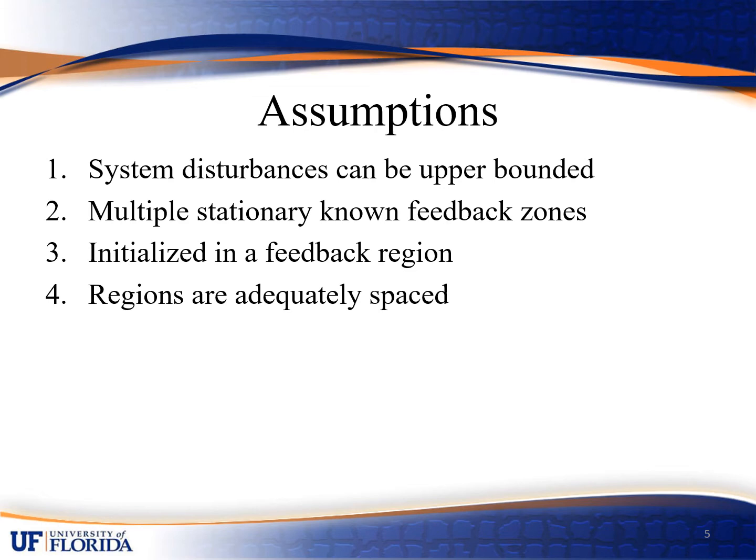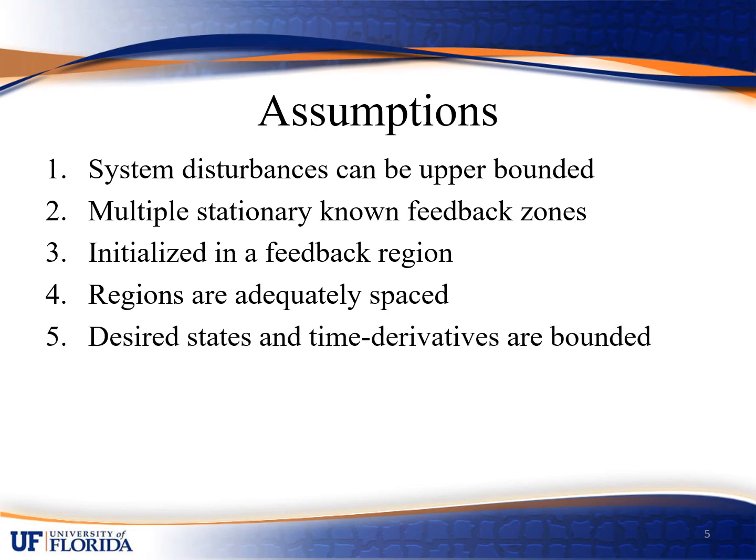Fourth, the feedback regions are adequately spaced so that a vehicle can move between the regions while satisfying the subsequently defined dwell time conditions. The feedback regions' locations cannot be too far apart, otherwise the agent will be lost in the feedback-denied region and will not be able to accomplish the objective.